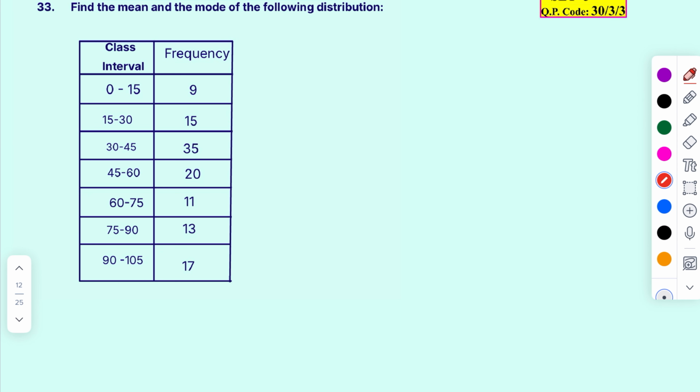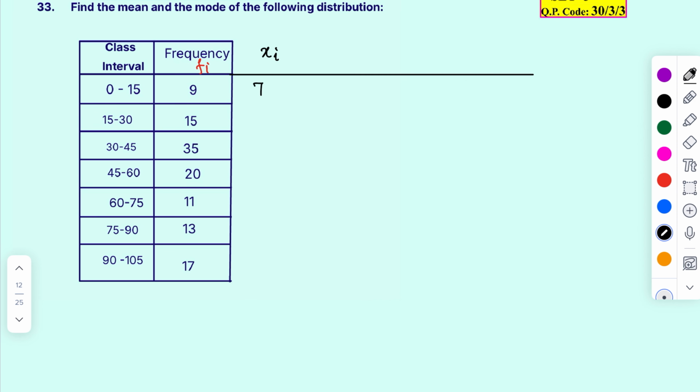Here frequency Fi is given, and the class mark Xi. We can write the class mark as the upper class limit plus lower class limit divided by 2.